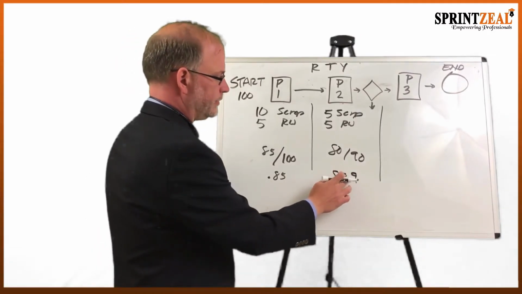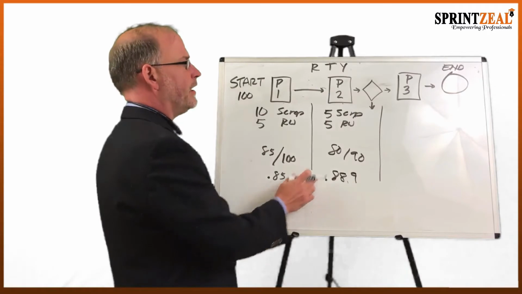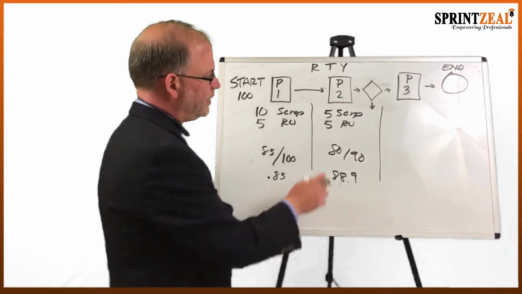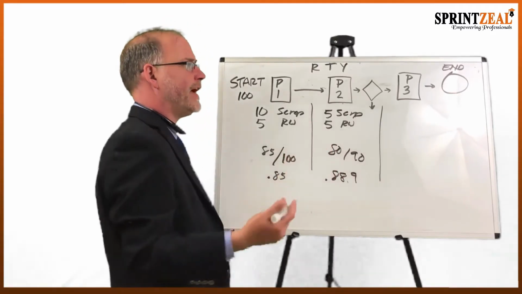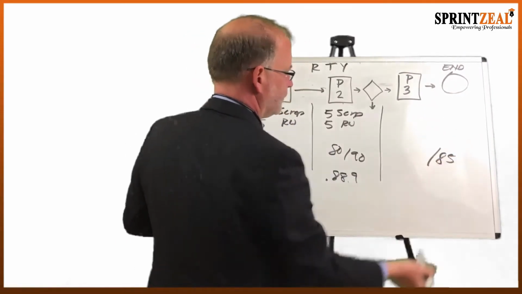Or here, we'll do it this way, 0.889. So then what's going to be our throughput for the next one? Well, we know that 80 went through successfully, and 5 had to be reworked. So our denominator becomes 85.